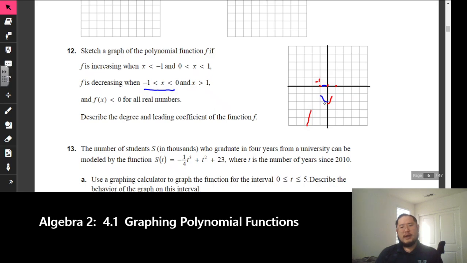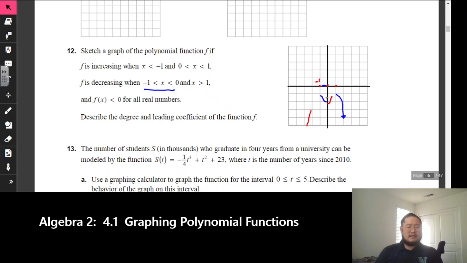And then when x is greater than 1, it's also decreasing. Right here, this is where 1 is. We're going to show that it is decreasing down. Now, why don't I go all the way up? Well, let's take a look at the last thing: f of x is less than 0 for all real numbers.